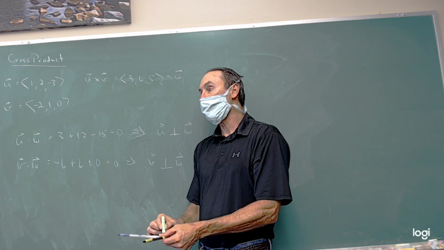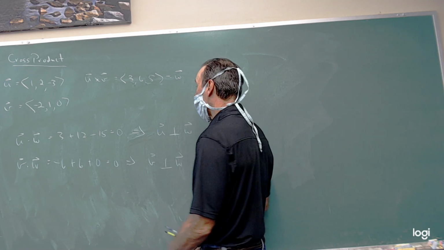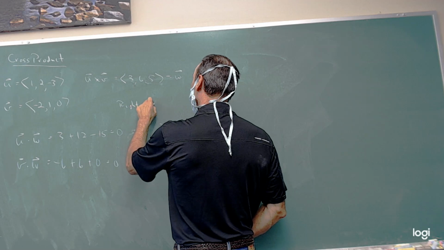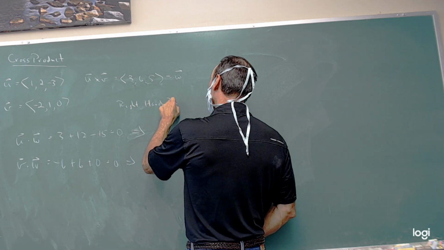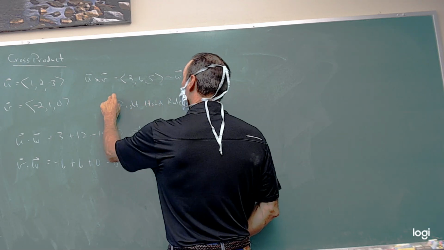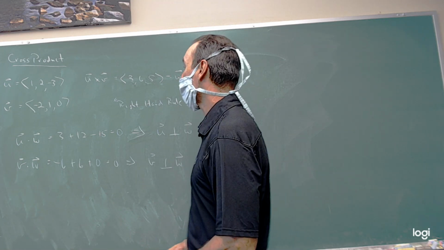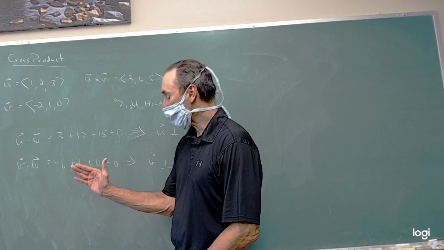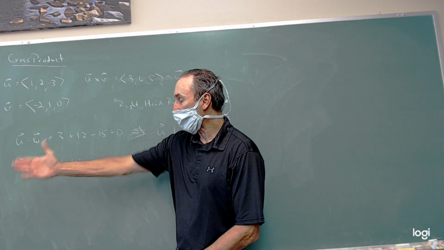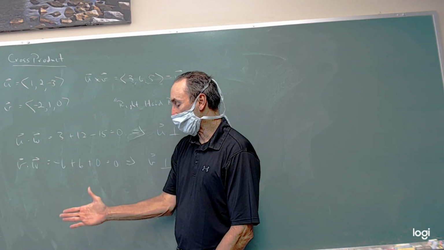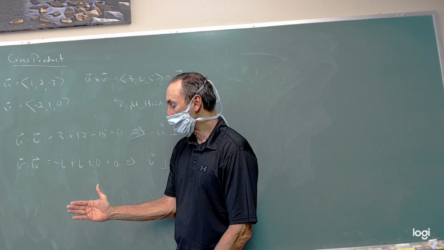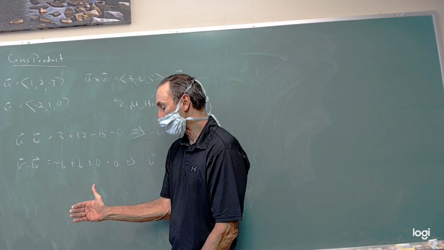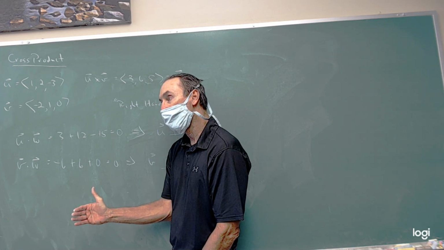So this follows what's known as the right-hand rule. When you take u crossed with v, you imagine you put your right hand out, like you're going to shake hands with somebody, and you consider the u vector to be where your fingers are, and the v vector to be where your palm is.